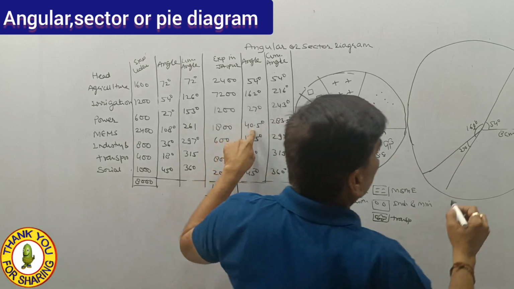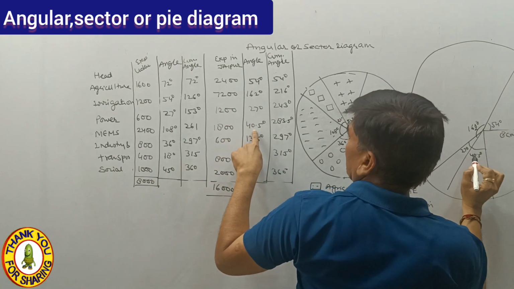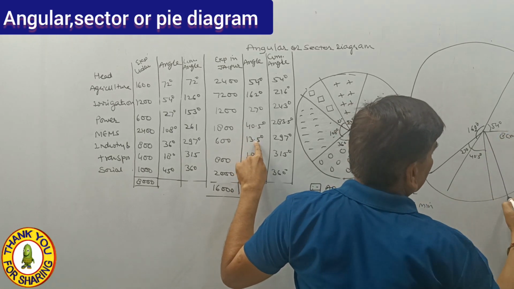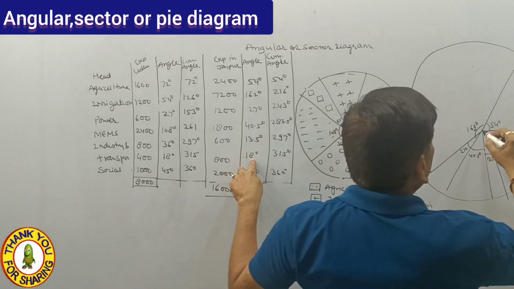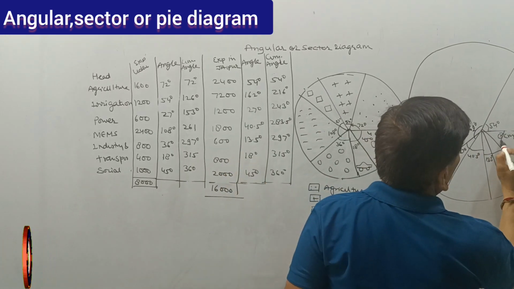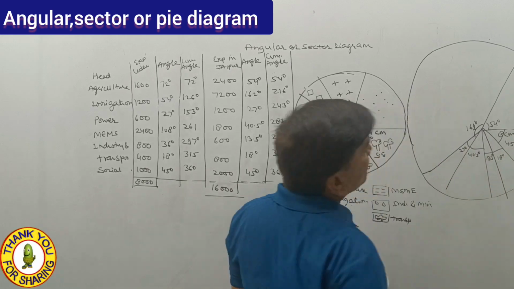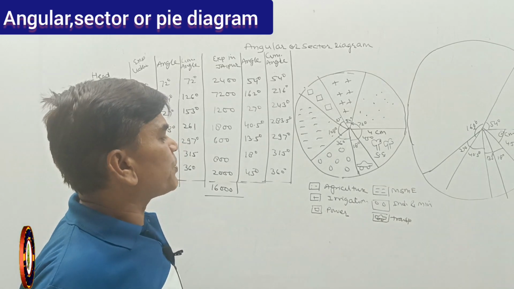Fourth curve is 40.5 degree. Then 13.5 degree. Then 18 degree. And last one is 45 degree. Angles will be equal in your diagram. I am just approximating.